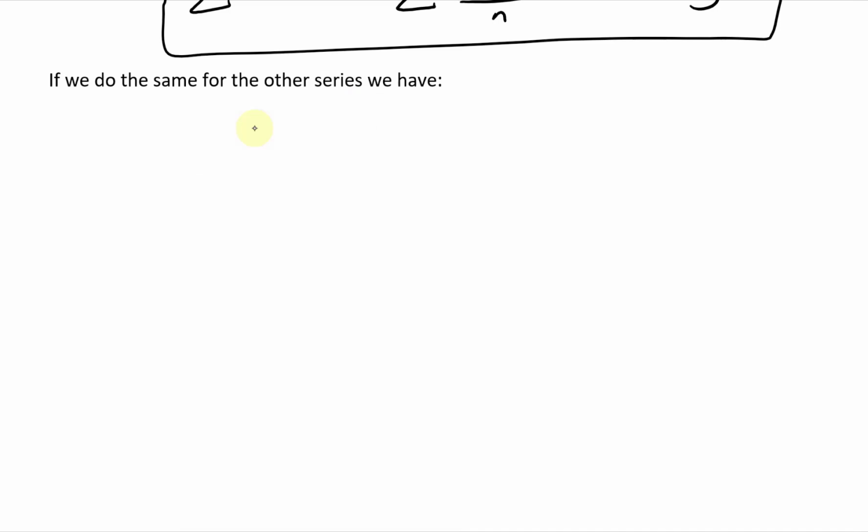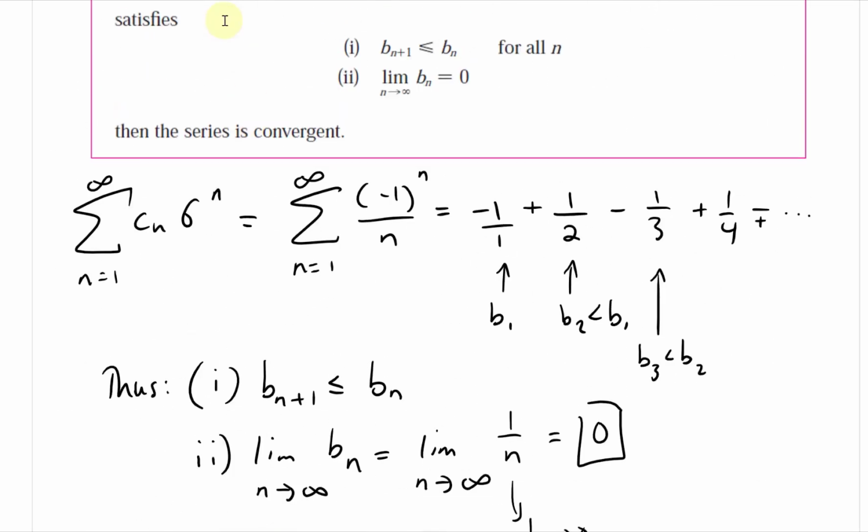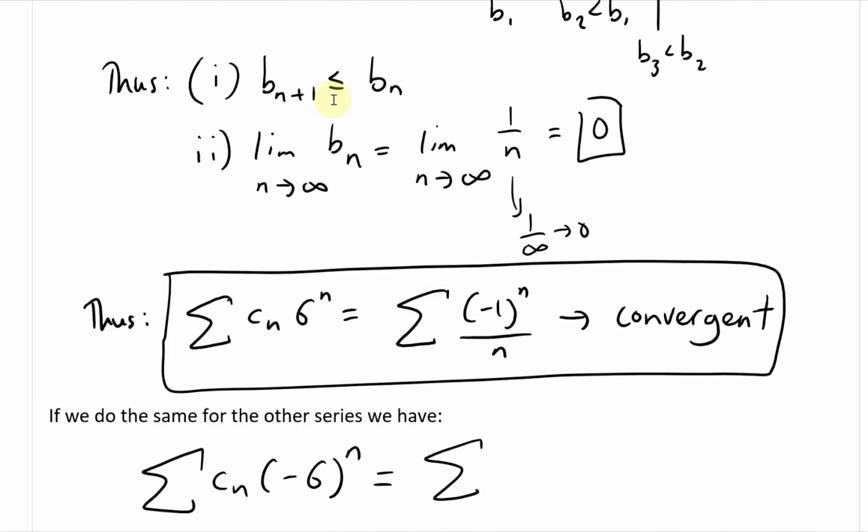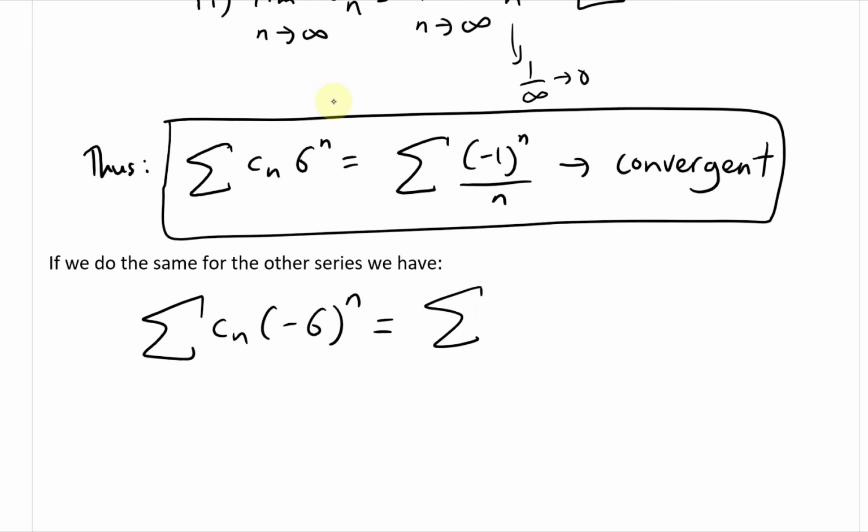So if we do the same for the other series, let's just write that down. The summation of Cn, now we have a negative 6 to the power of n. This equals, and we're going to replace that with over here, Cn equals negative 1 to the power of n divided by n times 6 to the n at the bottom. So we have negative 1 to the n over n 6 to the n, times negative 6 to the power of n.